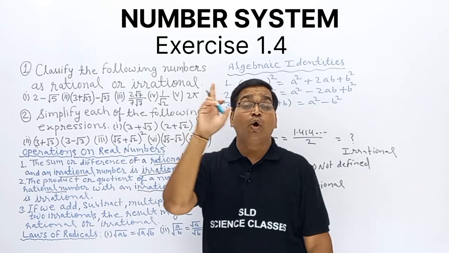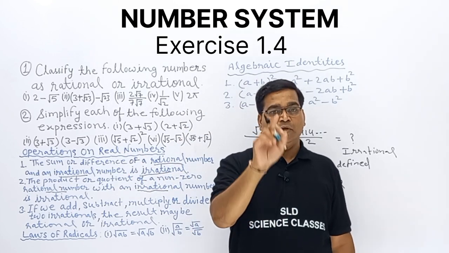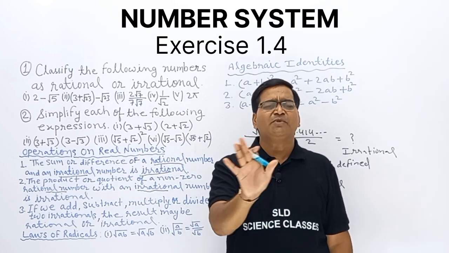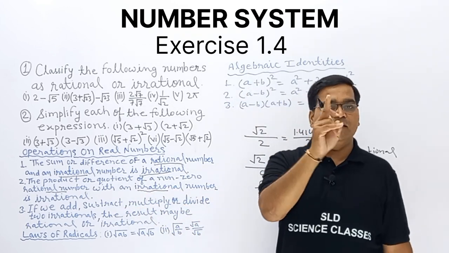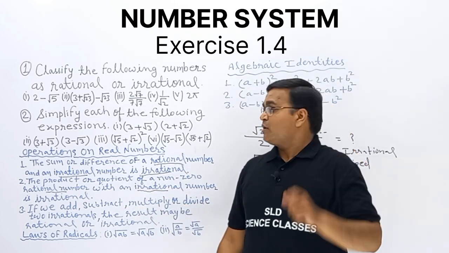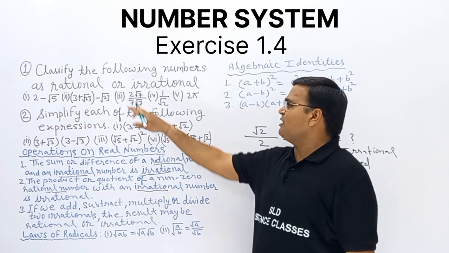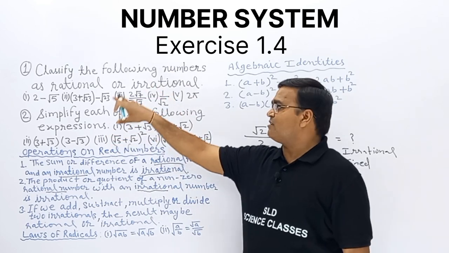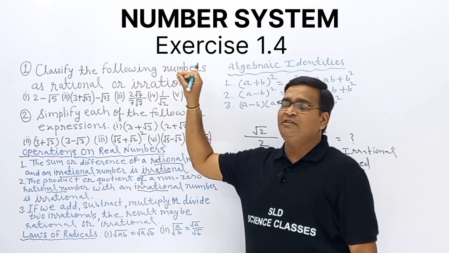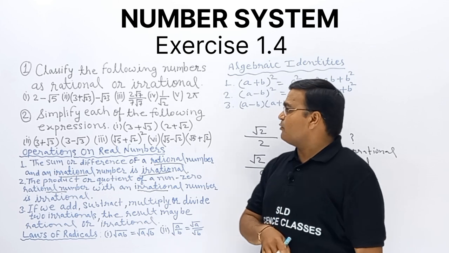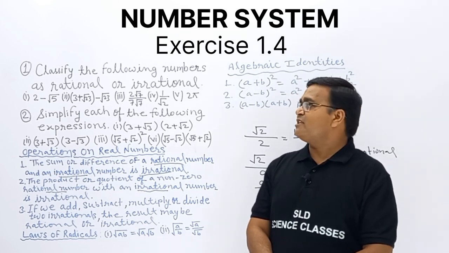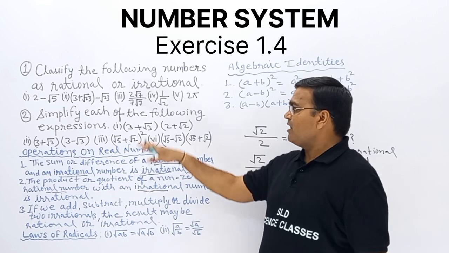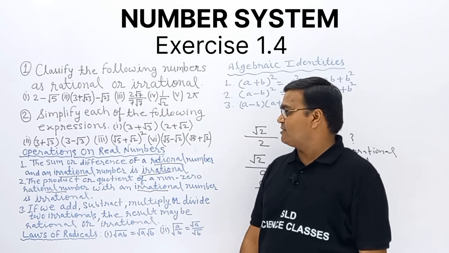Product of one non-zero rational, except 0, and an irrational, result will be irrational. Clear? Once we know these, we can easily classify rational or irrational. Exercise 1.4, this is the 1.4 exercise of your first chapter. In this we can easily identify the result.